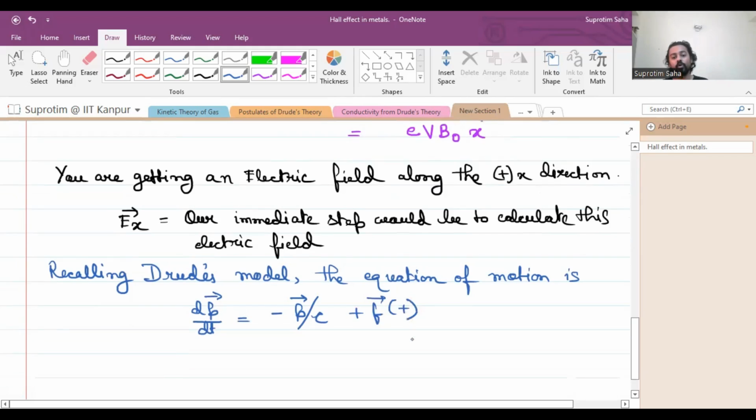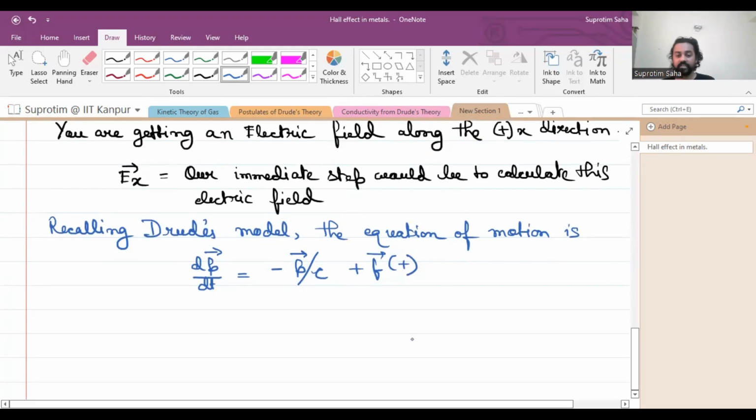So this is the non-spatially varying force. All right. Now this force will be given by the Lorentz force because of the applied electric and magnetic field. So your f of t is minus electronic charge times electric field vector, minus electronic charge times the velocity of the charge carriers, the electrons, times the magnetic field.